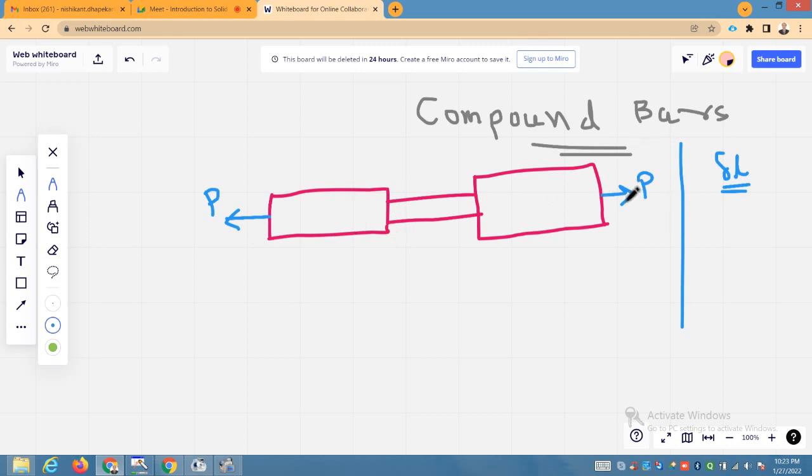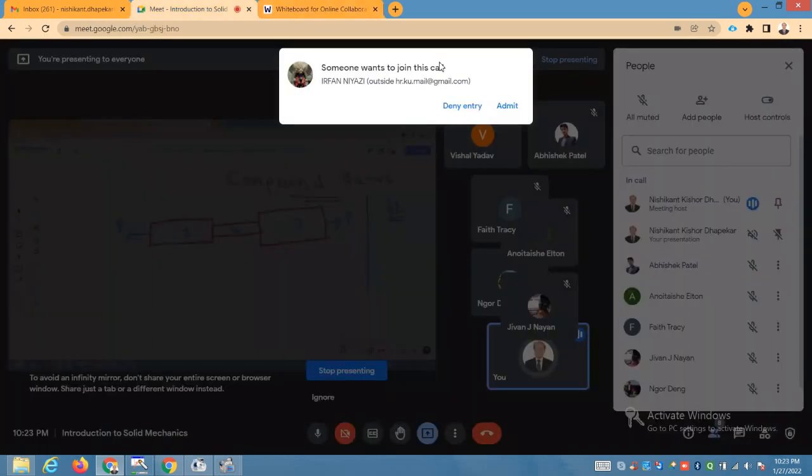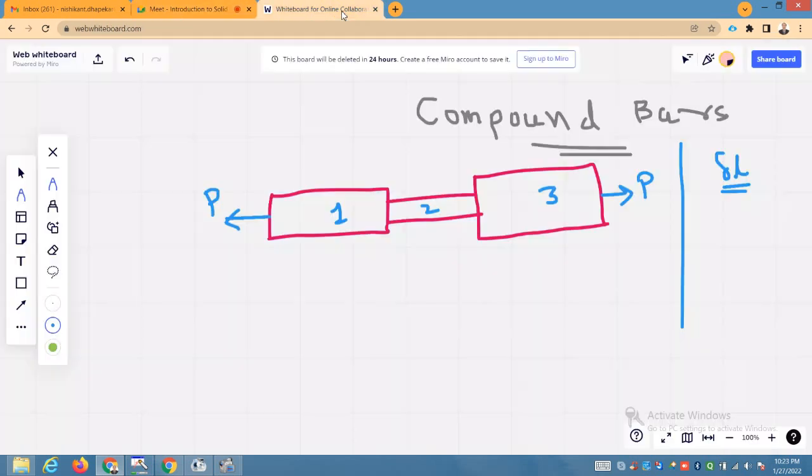Because of this pull P, stresses will be developed within the compound bars. Magnitude of stresses will be different in different types of bars. Assume that this is first section, this is second section, this is third section, and all these sections are made up of various materials. You can say copper, brass, aluminum, whatever it is.